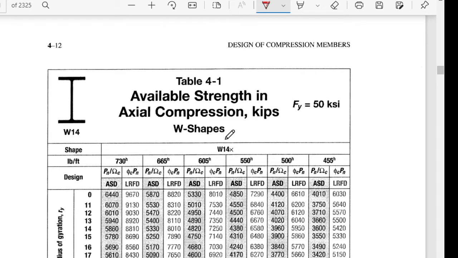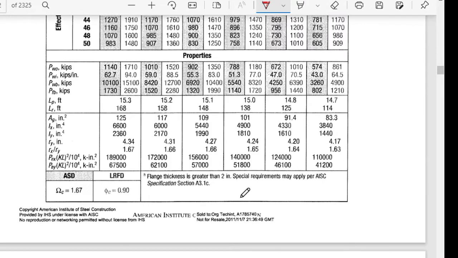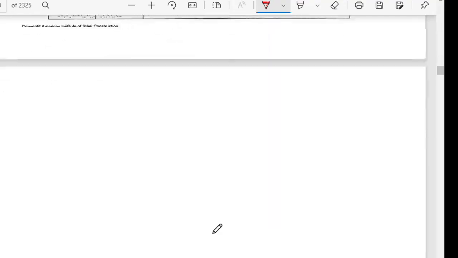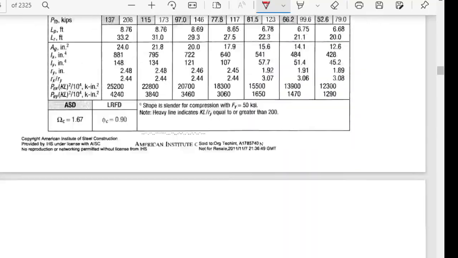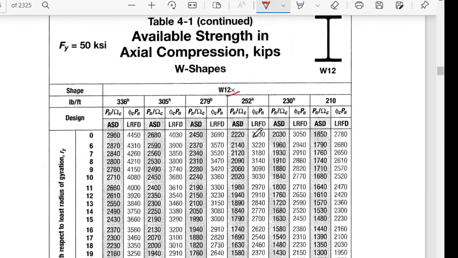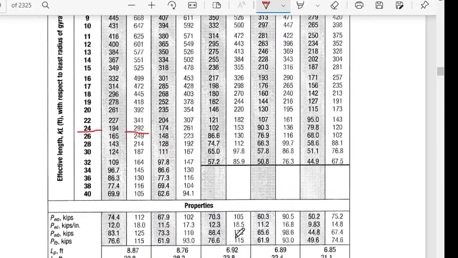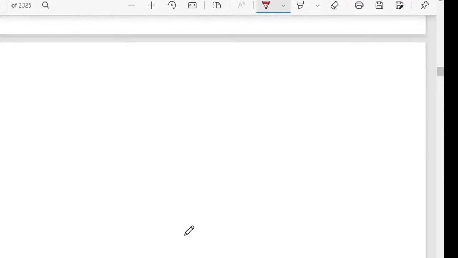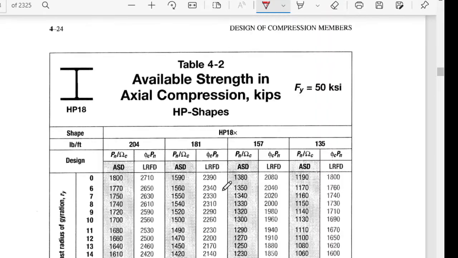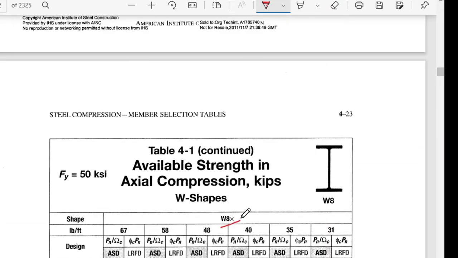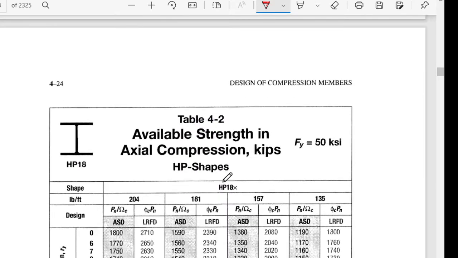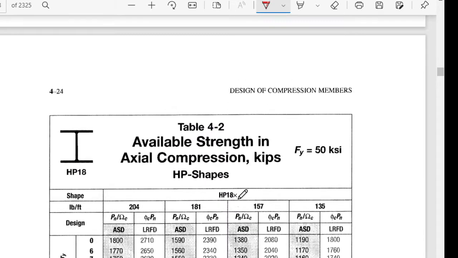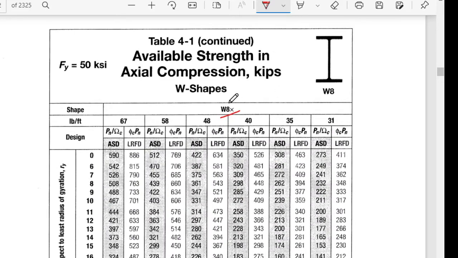Now, for W14 there is a continuation, another W14 continuation, then W12, W12 continuation, W10, and after that the HP shape. The shape is not in the column load table.